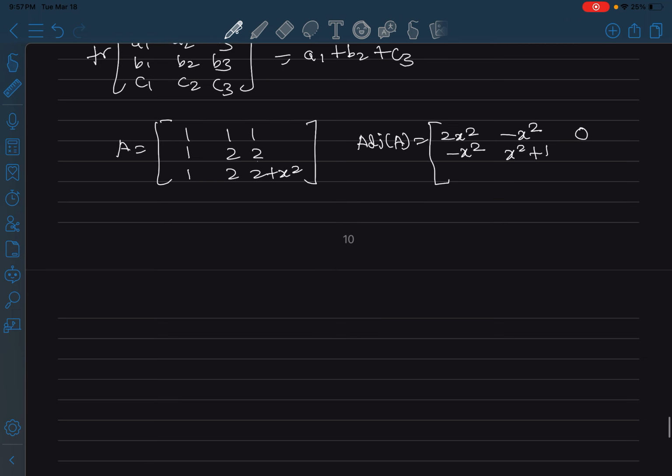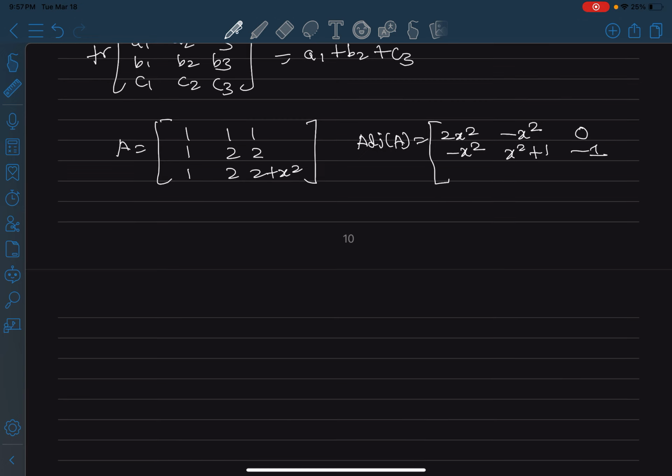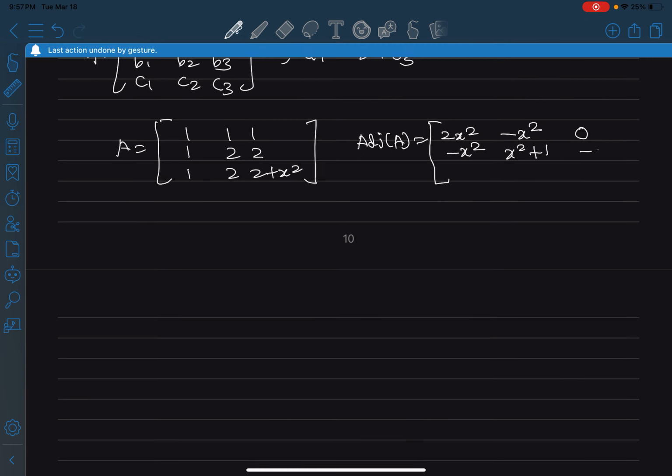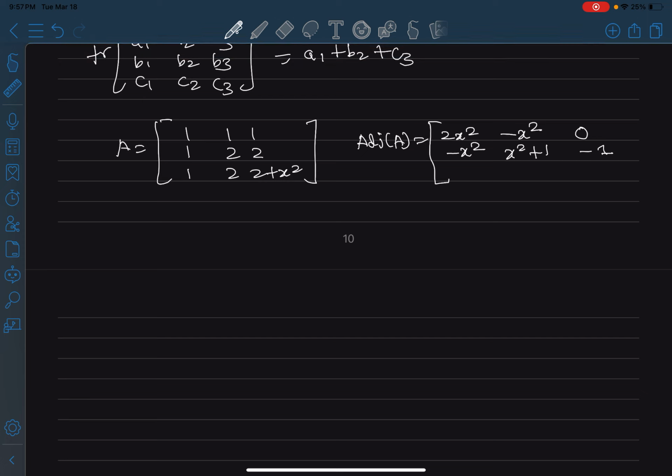And for this 2, it's just 2 minus 1, which is 1, and sign is negative, right? For the left bottom corner one, it's 0. And for this bottom middle 2, minor is 2 minus 1, 1, but it will be negative.